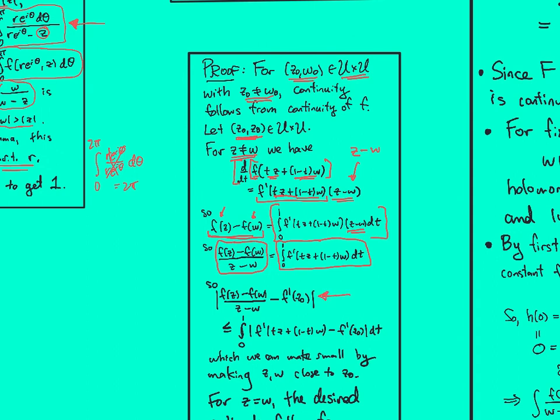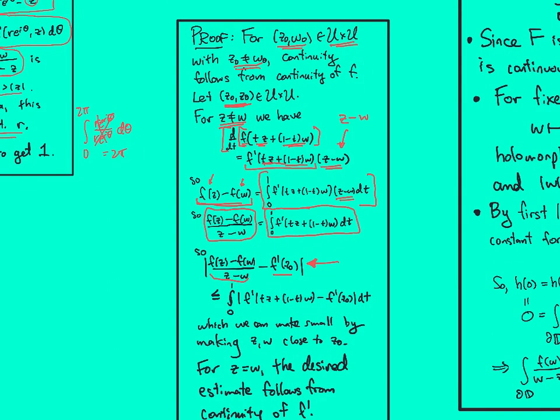So if I have the difference quotient minus the derivative at z0, I just put everything inside the integral and put absolute values through. And then we're assuming that f is holomorphic, which we said we built in that the complex derivative will be continuous in this case. And so we can make this quantity small just by making z and w close to z0.